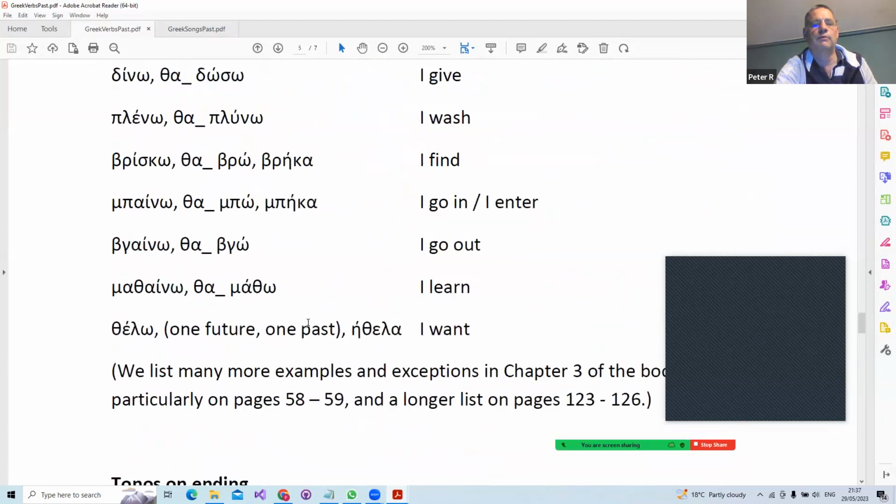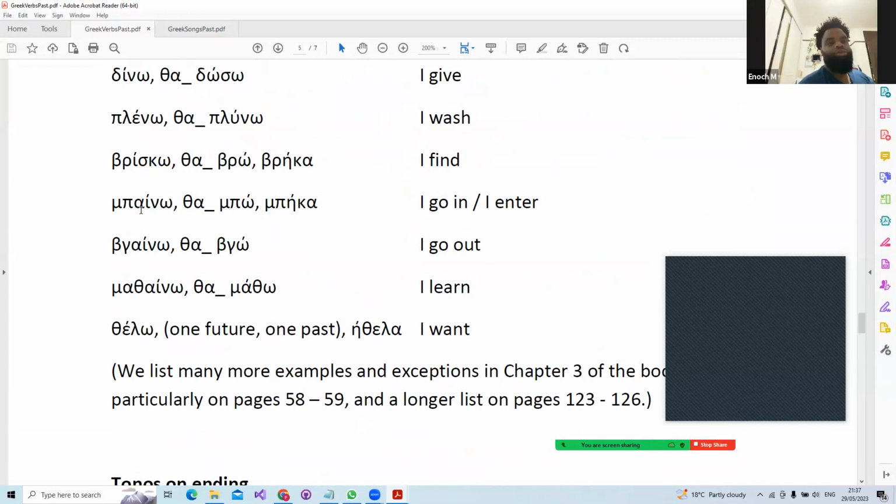Where are we? Here we go. I was saying for beno, I enter, I go in. It was bētho and bika. Okay. So this is the one time form of it, or if you're not wanting to emphasize that it was repeated. If it's many times, I go in many times, it would be thabeno.